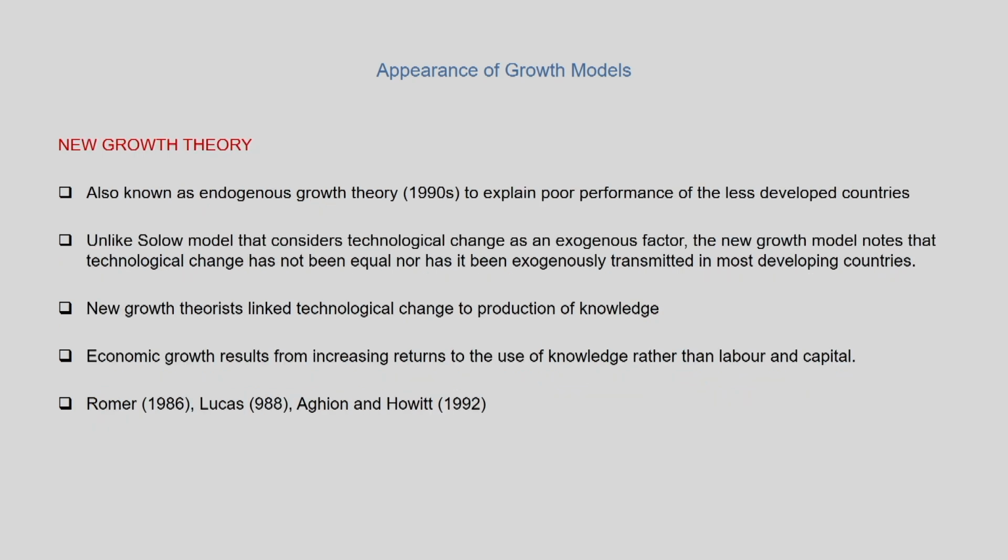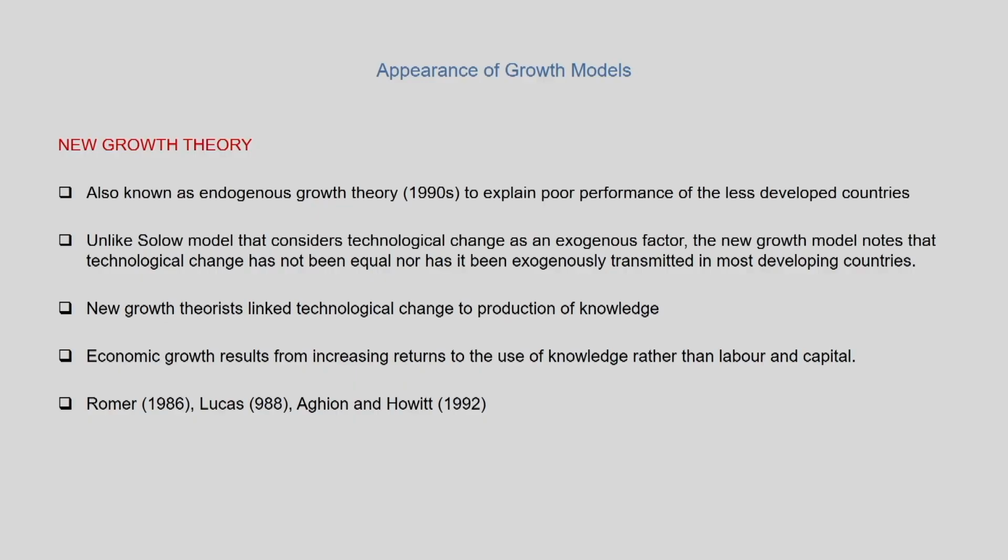The new growth theory cut itself away completely from the classical development or growth models, such as those of Rostow and Arthur Lewis and others, the Harrod-Domar model, the Solow-Swan model, and so on. This saw an emergence in the 1990s, and these theories came to be categorized as endogenous growth theories.